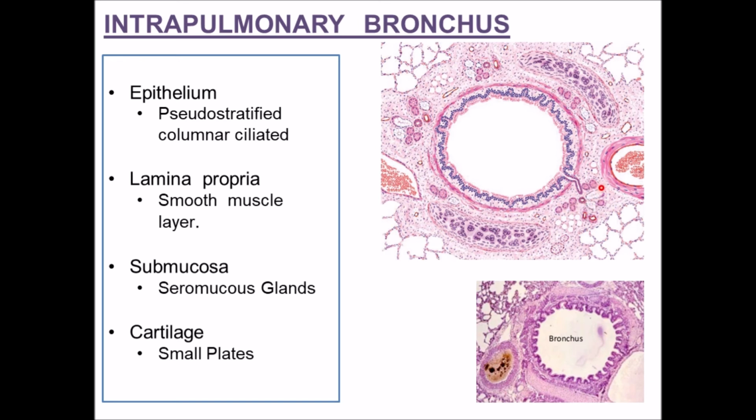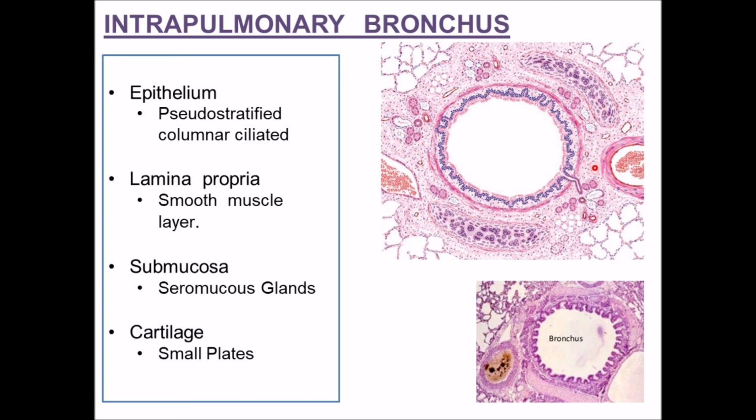These are the seromucous glands, and they secrete their secretions through the ducts into the lumen of the intrapulmonary bronchus. The third layer is cartilaginous layer. Now, this cartilaginous layer is occupied by the plates of hyaline cartilage.